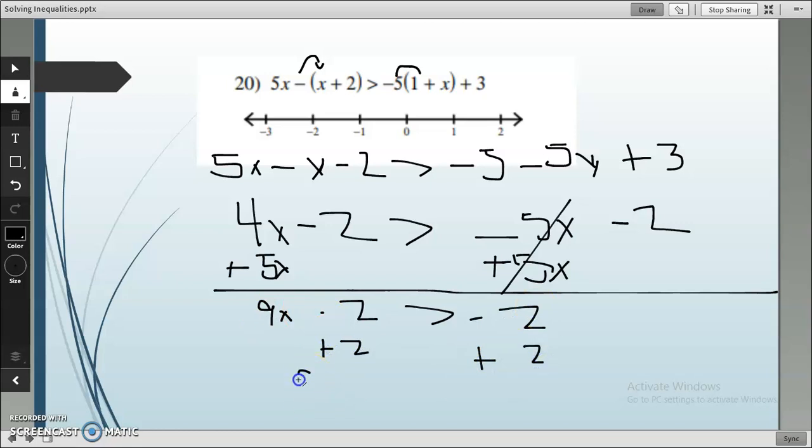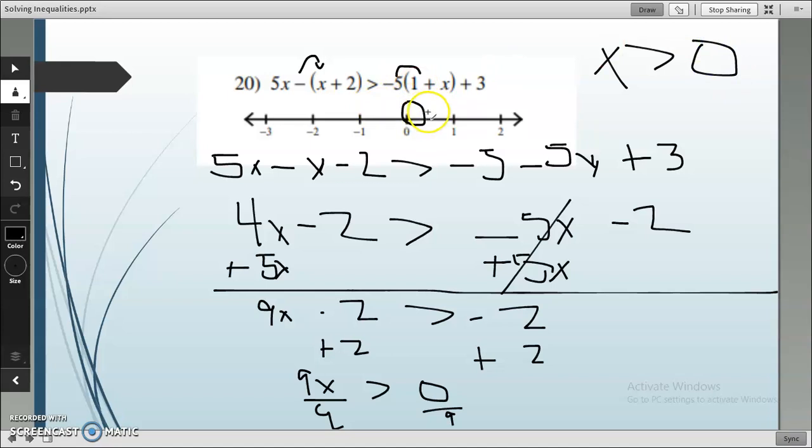And I get 9x is greater than 0. Oh, great. So now I divide by 9. I'm going to get 0, right? And I wish I would have tried harder earlier on. So I get x is greater than 0. So I'm going to go here to 0, put an open circle, and everything to my right. And I hope this helps.